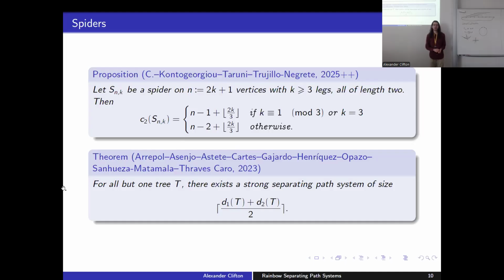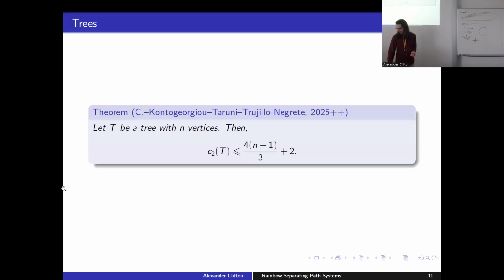So finally, we've justified that C2 is something that you might want to study that doesn't trivially follow from knowing what's going on with weak and strong. And now that we have that, I guess we can say that retroactively our other results are now interesting again. But also, our main result is to show this upper bound for trees.